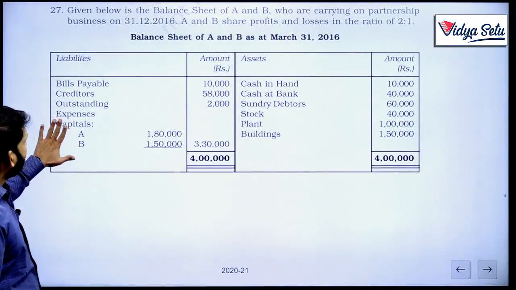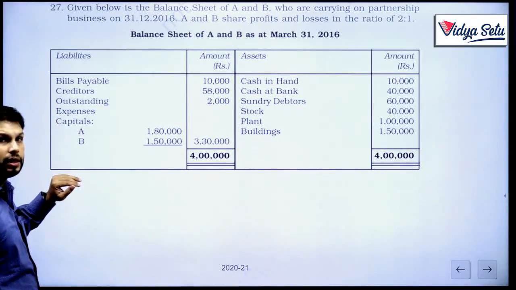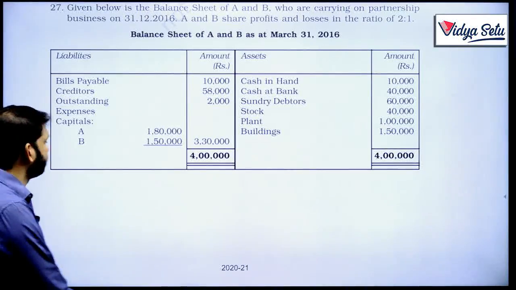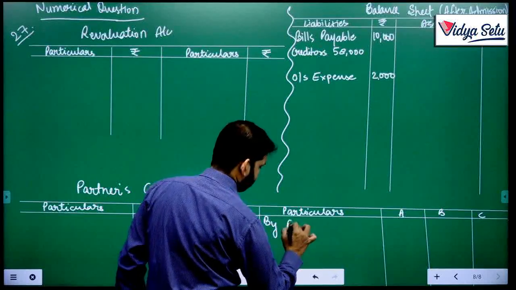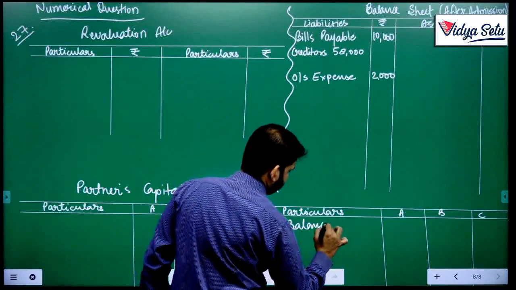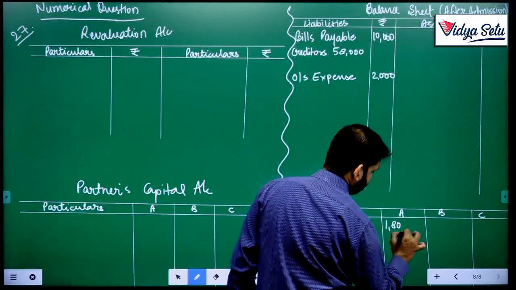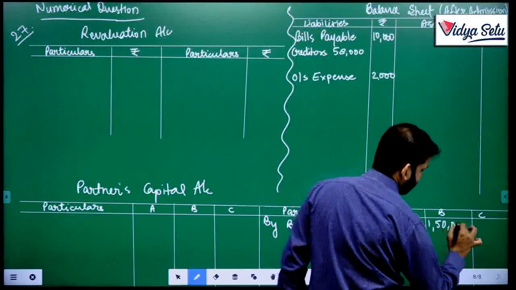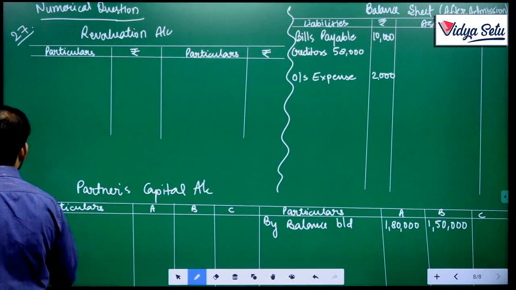Now these capitals are the opening capitals, so they will be written on the capitals of the respective partners, 1,80,000 and 1,50,000. Now, after this, let's move on to the asset side.